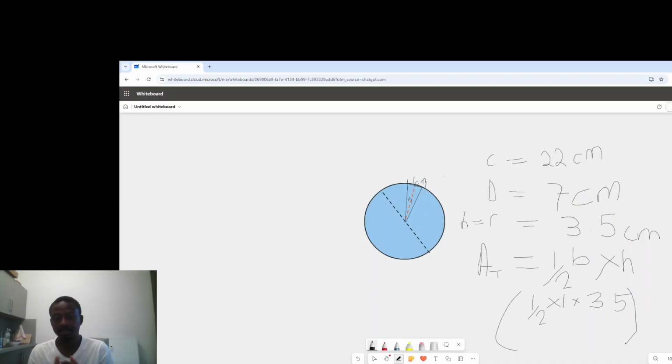To get the total area of this circle, I need to sum up, I need to add all the areas of all the triangles, and that will bring us to something interesting.